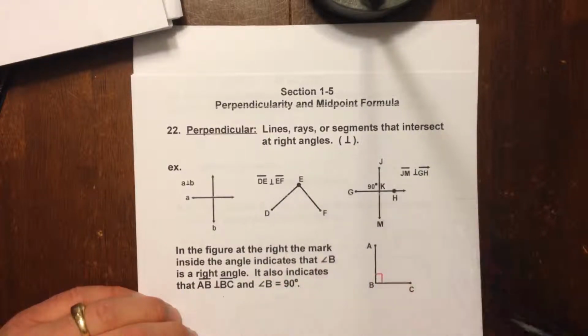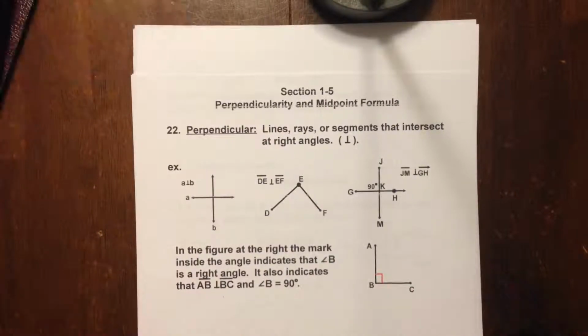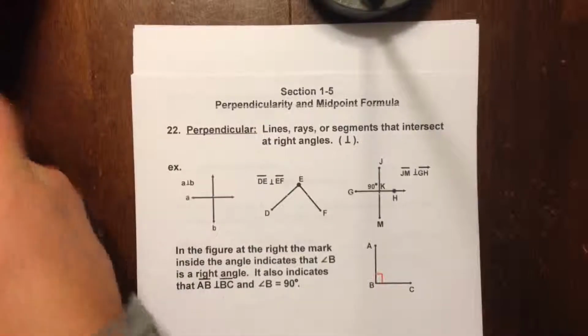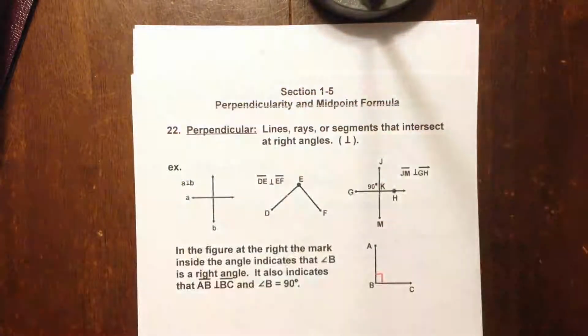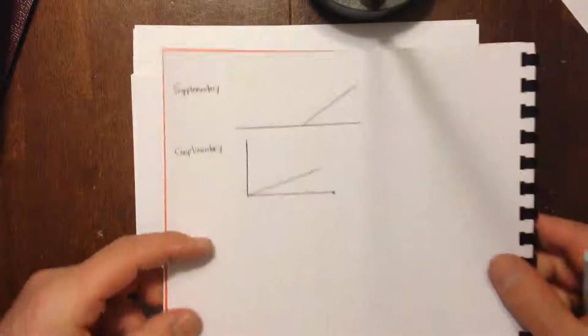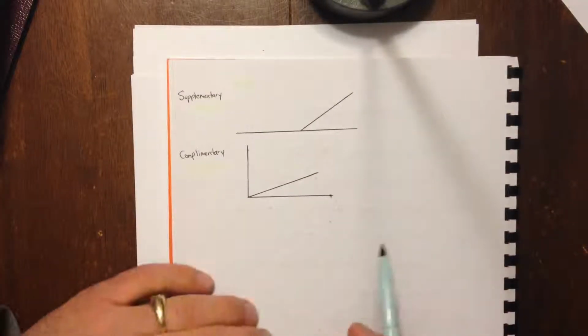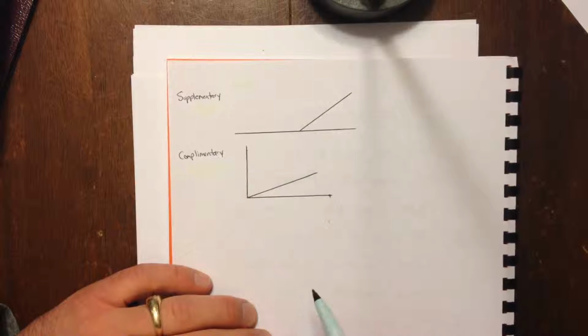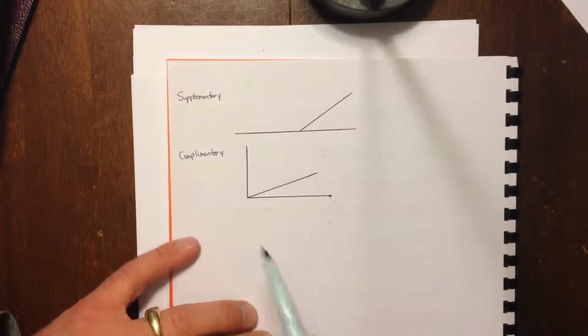You may want to get your orange booklet out right now, our orange constructions and notations booklet. And right on the back, here's one that I wanted to add, so maybe stop the video and do this.